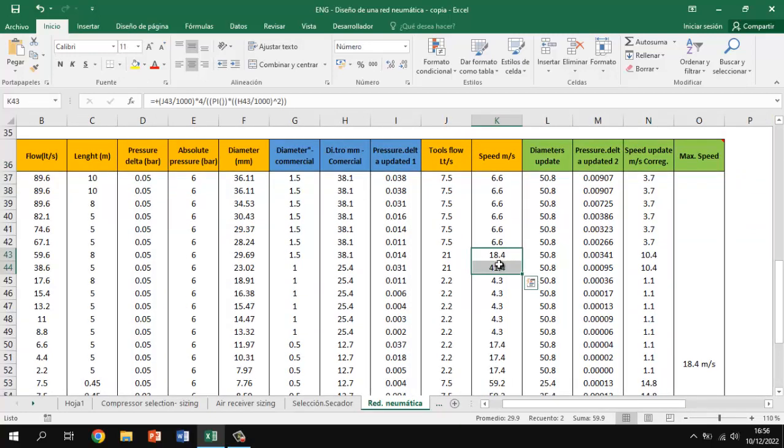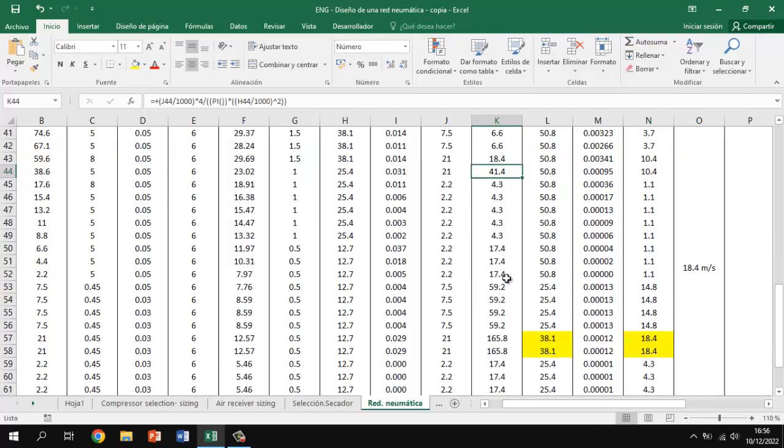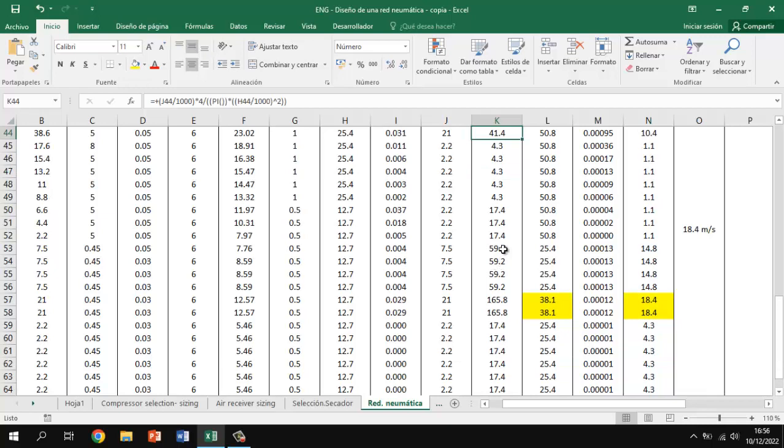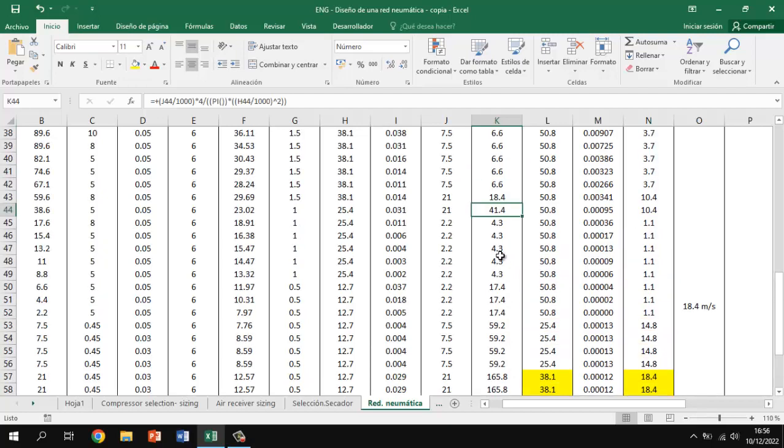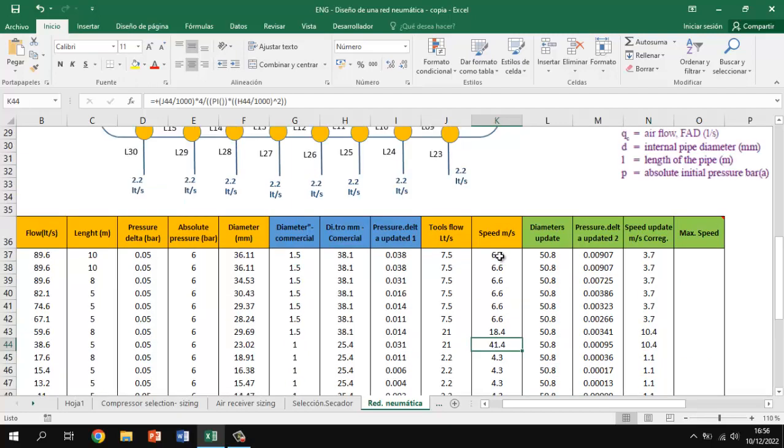Here we have something interesting. We have 18.4, 41.4, 17.4, 60, and then we go up to 100. Some engineers, for example of some brands like Hitachi, consider that the maximum speed should be, I think, 10 or 12 meters per second.